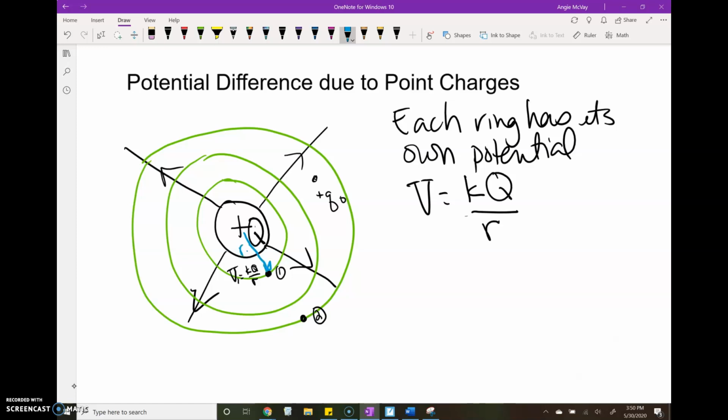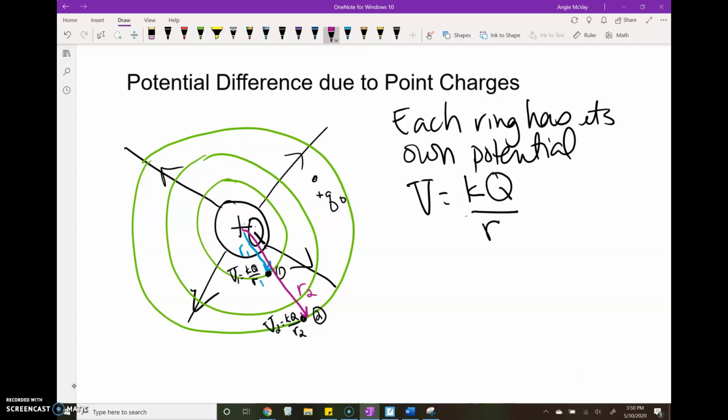Okay, so we call that R1. Okay, and then we have this other charge that's at position 2, or that same charge, if it's at position 2, it would have a potential 2 equal to K times Q over R2. Again, where R2 would be the distance from the center of this charge out to this location here, R2.